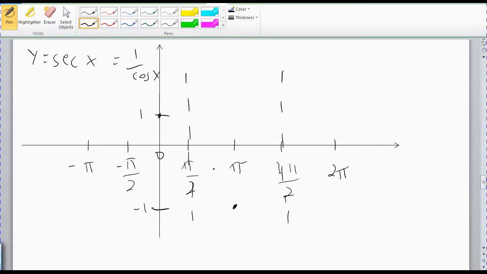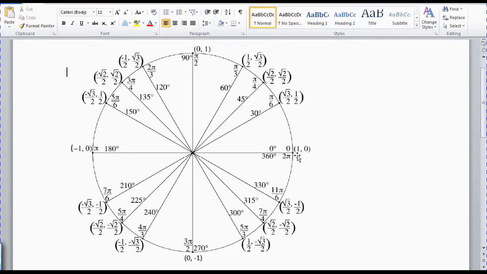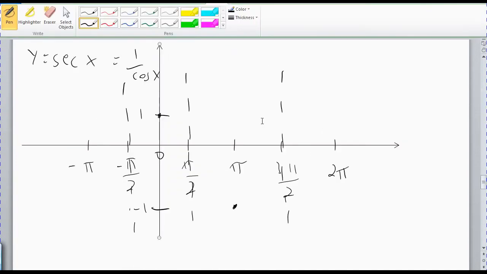And by the way, in case you haven't figured out by now, everywhere you see pi halves, or odd pi halves, asymptote. And then 2 pi is going to put us back up here. But let's go ahead and just make sure. 1 over 1 is 1. Now we will definitely need some additional points.